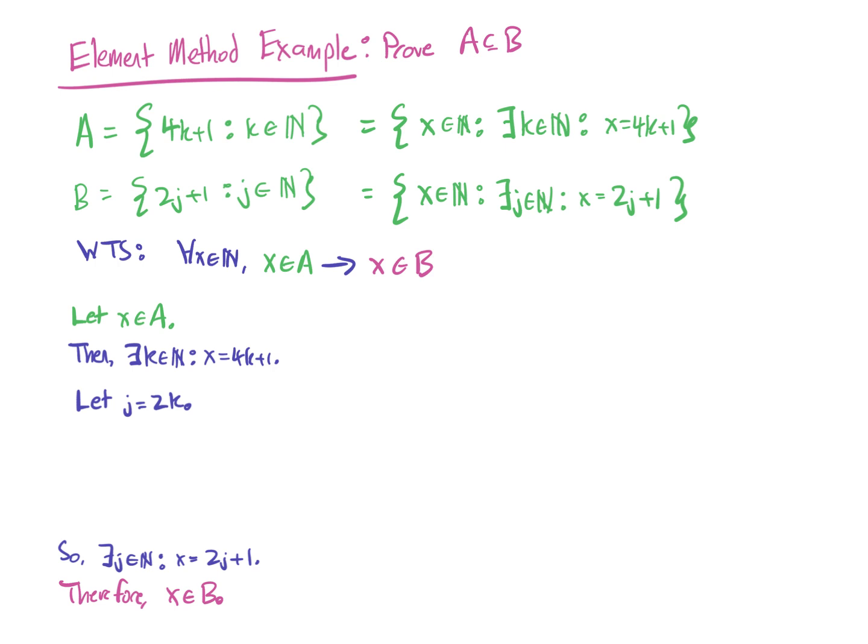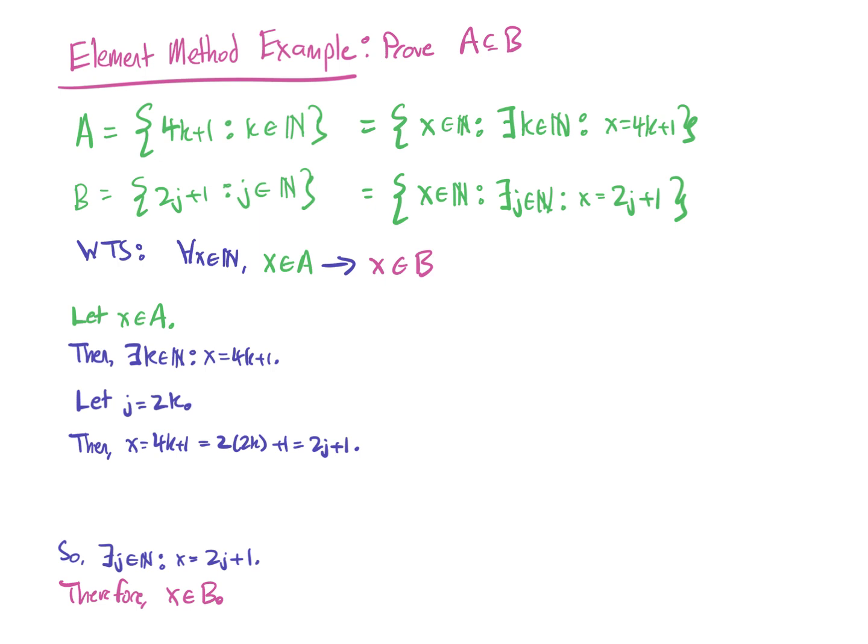So once I have this definition, j equals 2 times k, I'm going to say, okay, well then I know that x is equal to 4k plus 1, and I know that that is equal to 2 times 2k plus 1, which is equal to 2j plus 1.